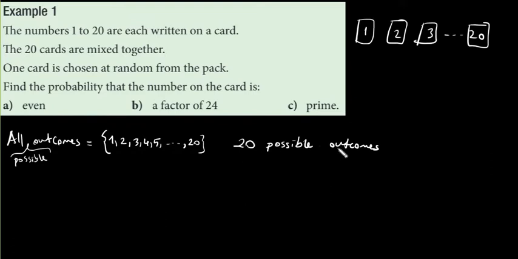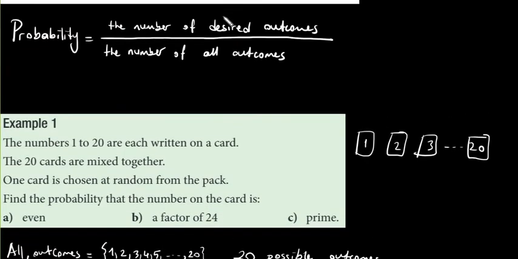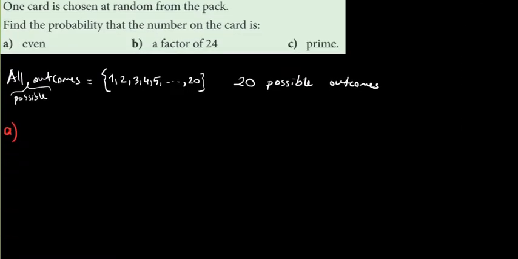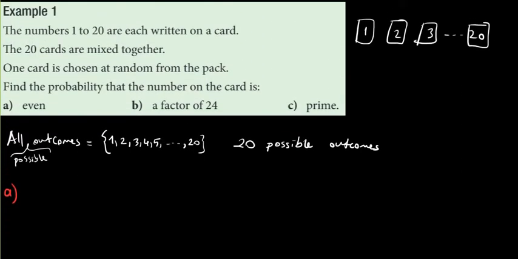So out of these 20 possible outcomes, first we are going to find the probability of getting an even number. So let's start with A. What was the probability? The number of desired outcomes. Let me write the desired outcomes here for A. We want the number to be an even number, right? So we are going to write all the even numbers among these possible outcomes.